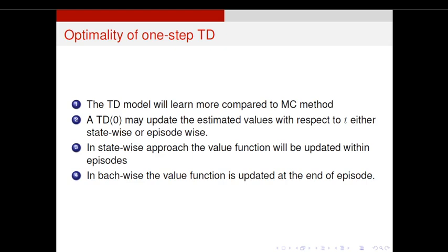First of all, we will see what is optimality of one-step temporal difference or TD0. The first point is that the temporal difference model will learn more compared to the MC method. It is very trivial because in the temporal difference model an agent starts from a state S and takes an action to move into the next state S dash.